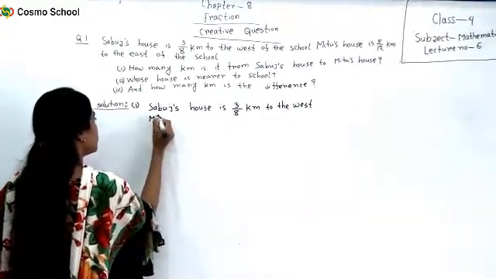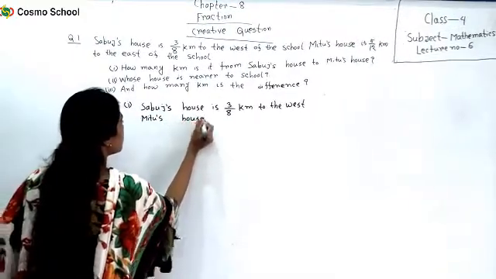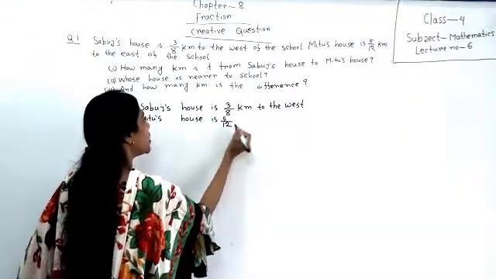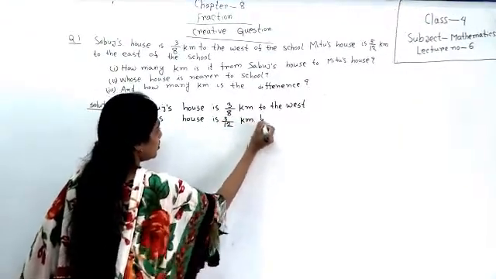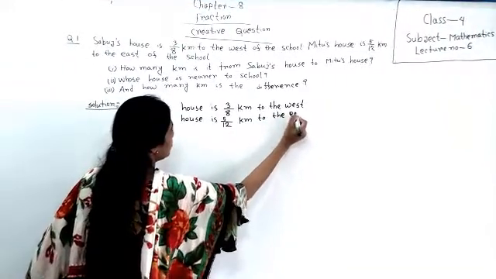Mitu's house is 5 divided by 12 kilometer to the east.